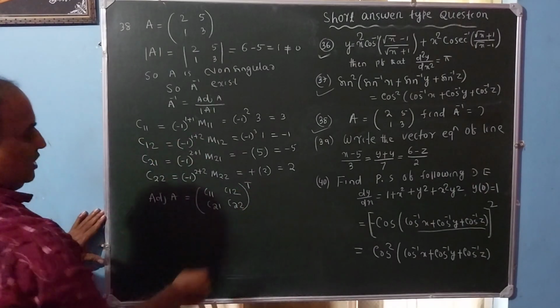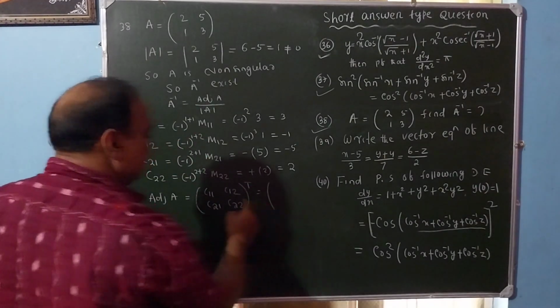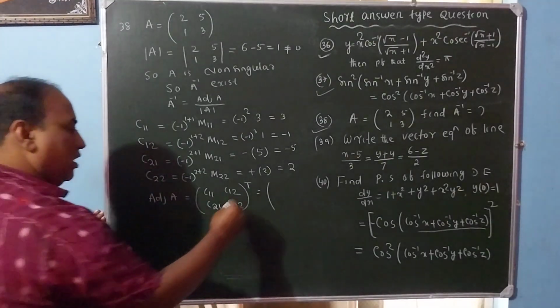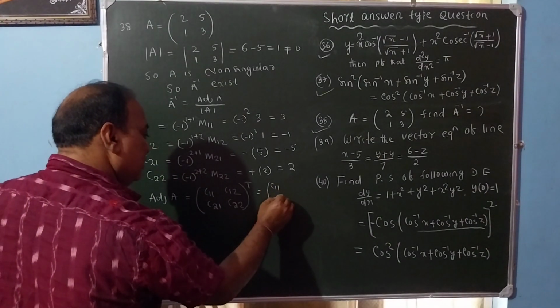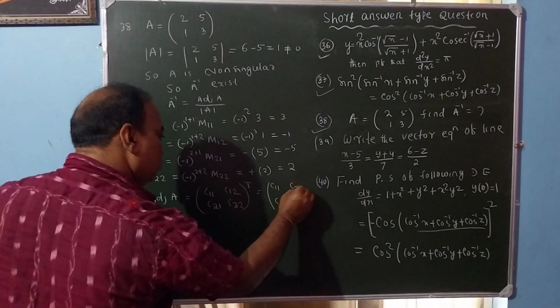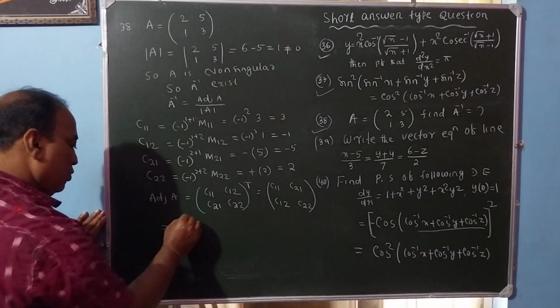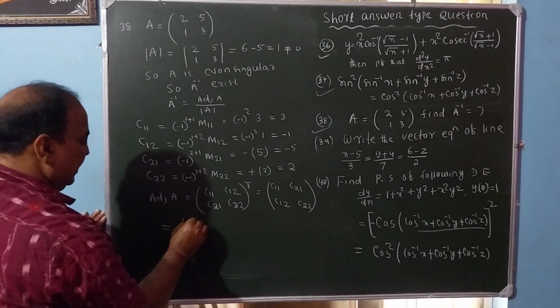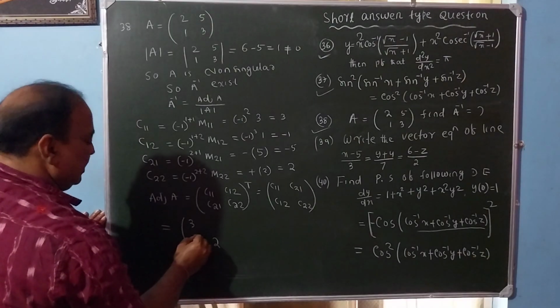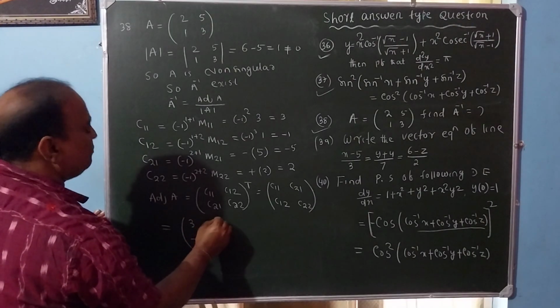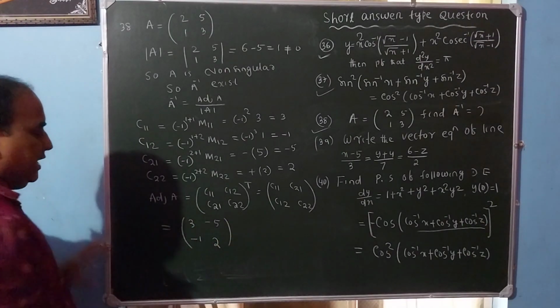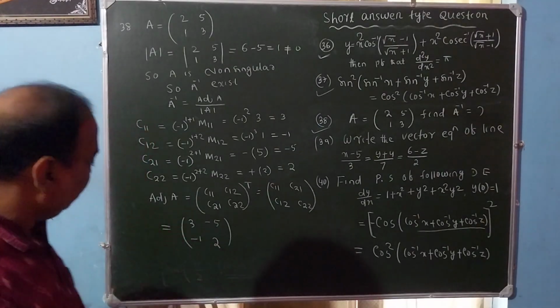Transpose of cofactors, that means row changes to column and column changes to row. C11, C12, C21, C22. So put the values here: 3, here it is 2, here it is -1, here it is -5. Adjoint of matrix is coming out.